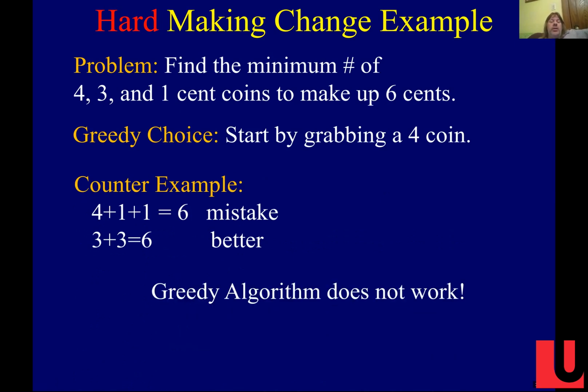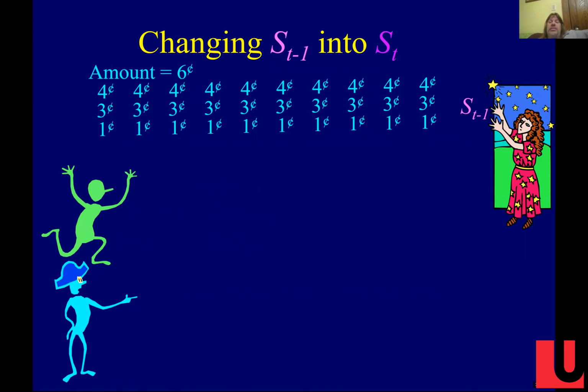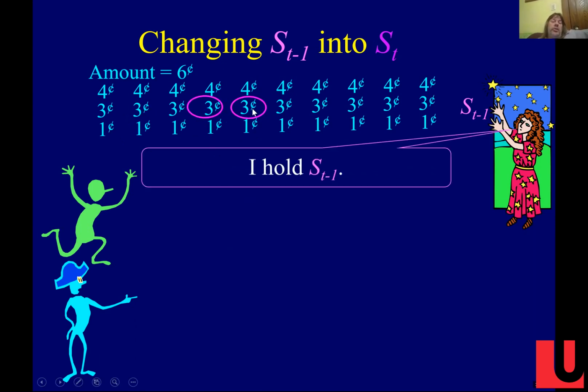So we saw that the optimal solution doesn't contain a 4, while the algorithm commits to a 4 first, making a mistake. So let's try to prove that this algorithm works. We start with the algorithm committing to nothing, and the fairy godmother is holding an optimal solution, which is the 2 3s.